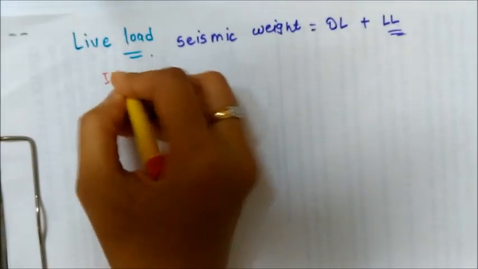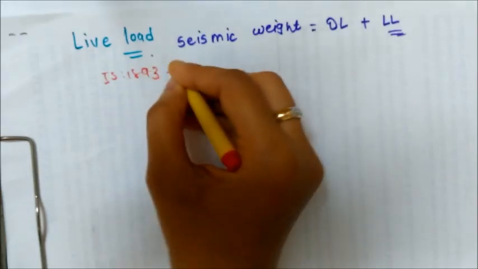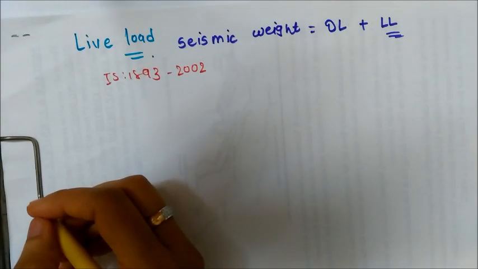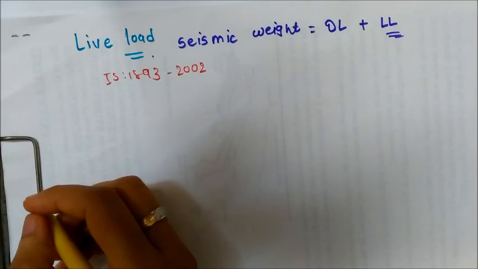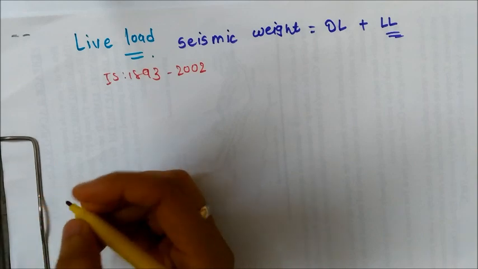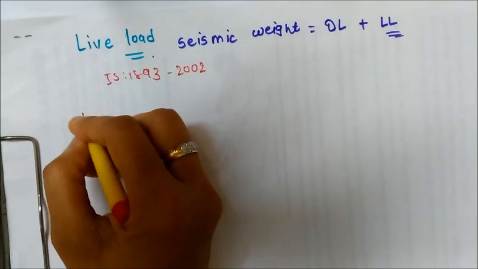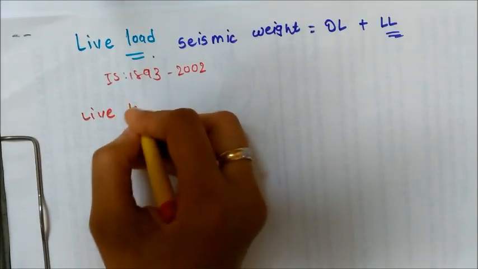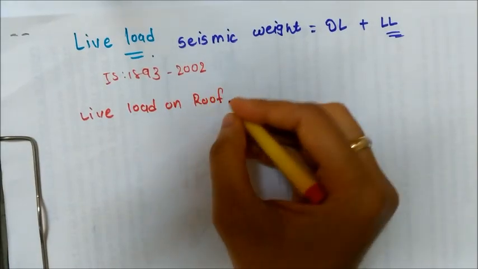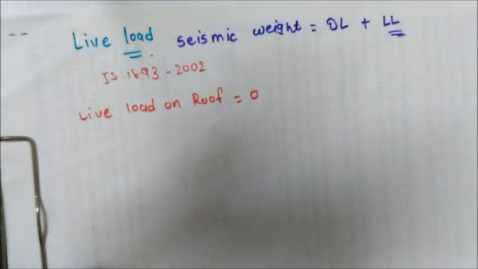For that, in IS 1893 2002, there is clause number 7.3.2, given on page number 17, that the live load on roof is 0.